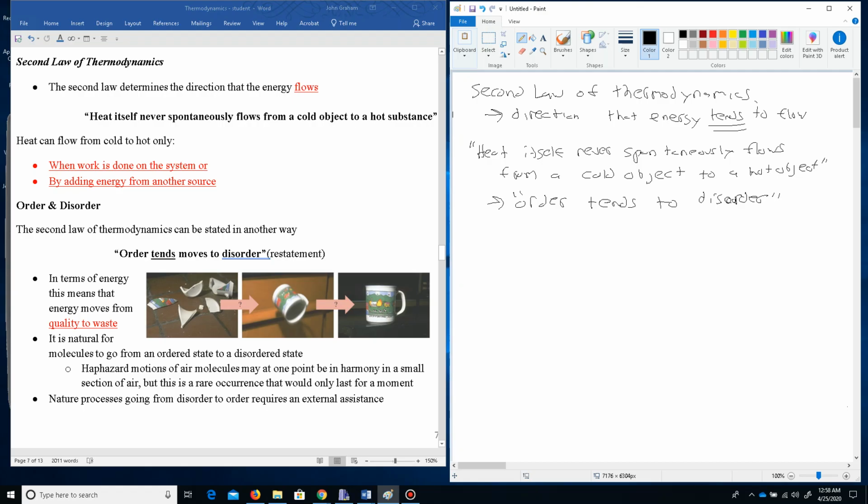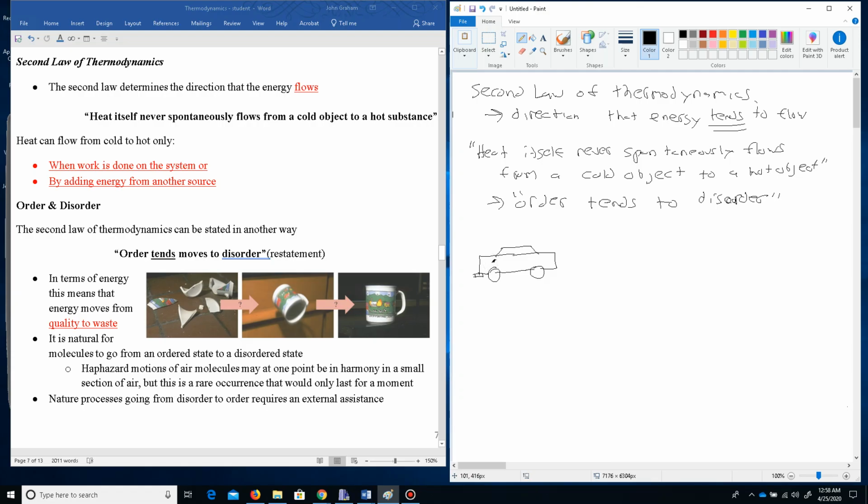All right, so in terms of energy, we look at this as quality goes to waste. You start with quality energy, you end up with wasted energy. Right? Example, we have a car. Put a little pipe on here.